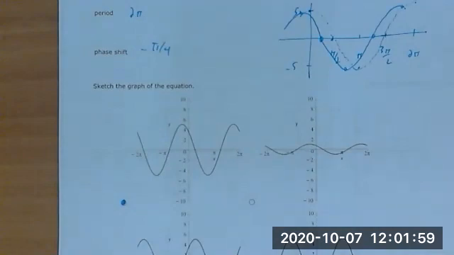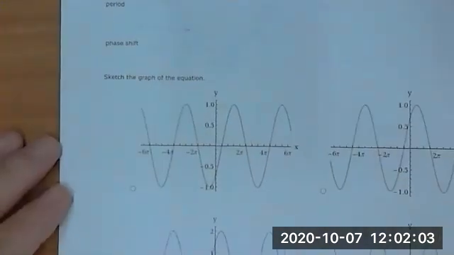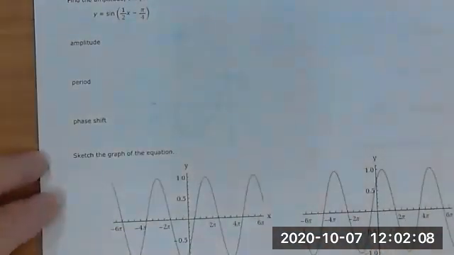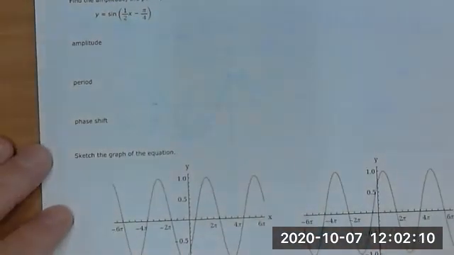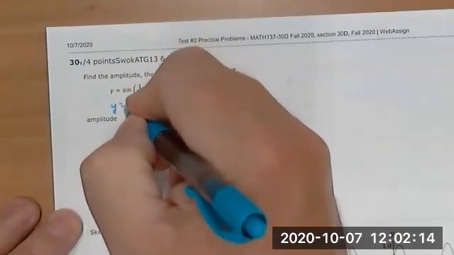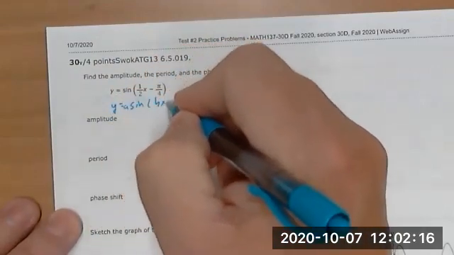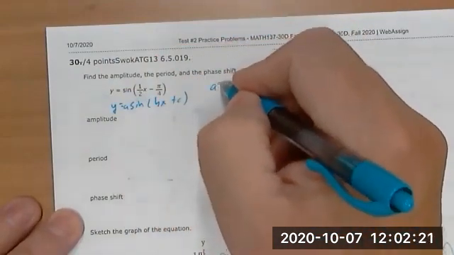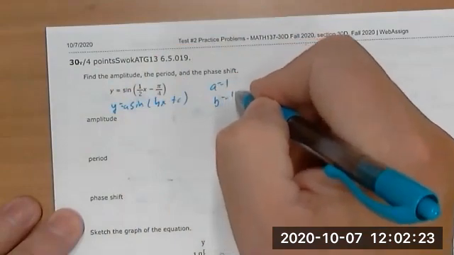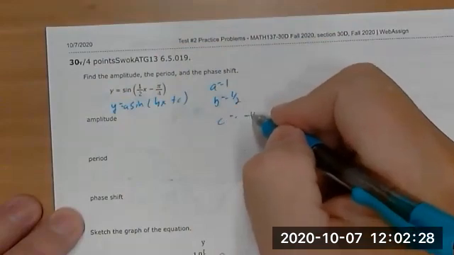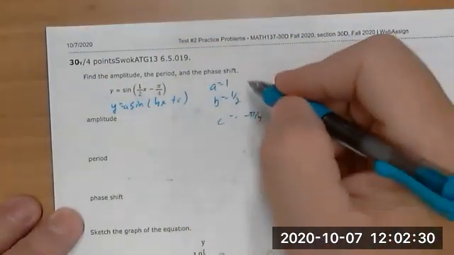All right, let's see what else would be helpful to do. Maybe we'll go through this real quick. It's really nothing. Looks like A is 1, B is 1/2, C is negative pi over 4.